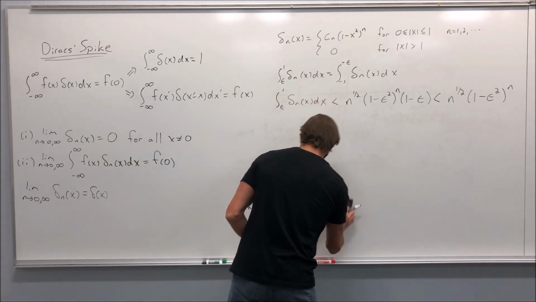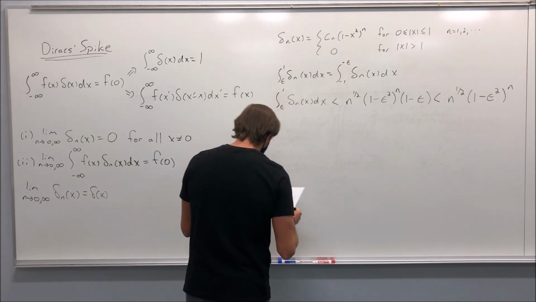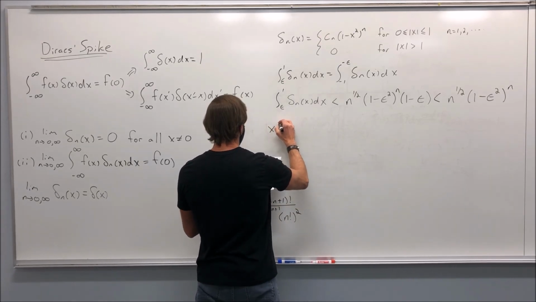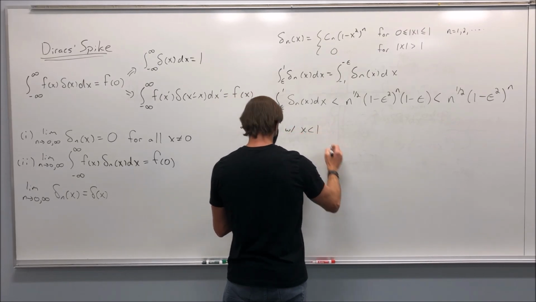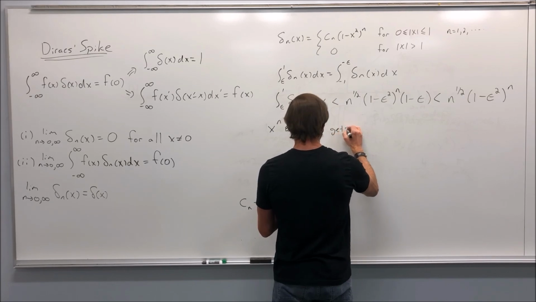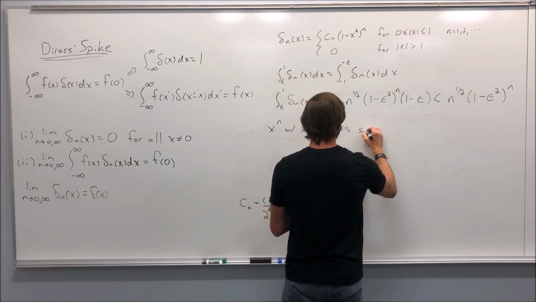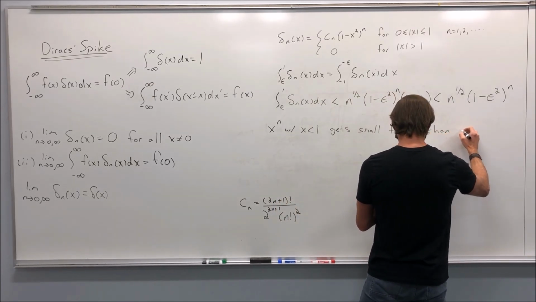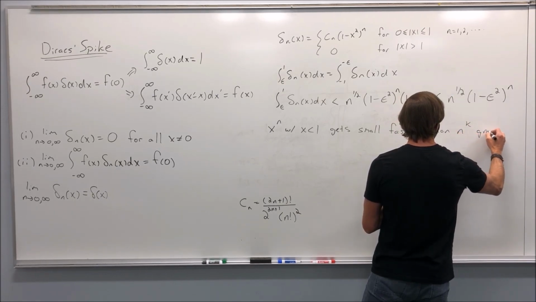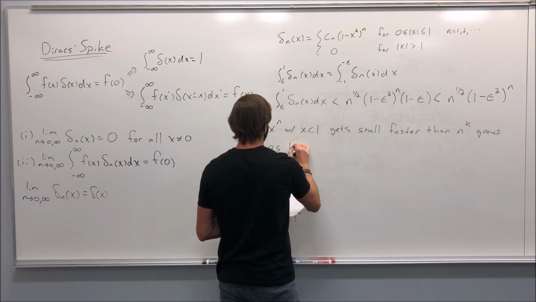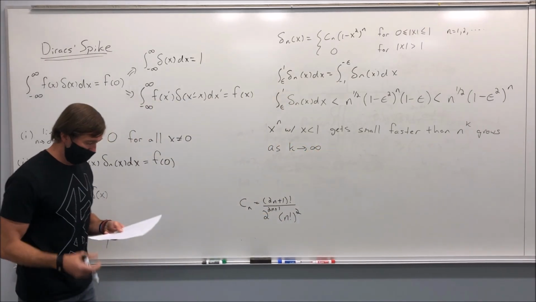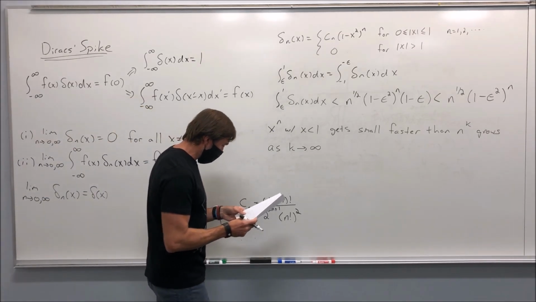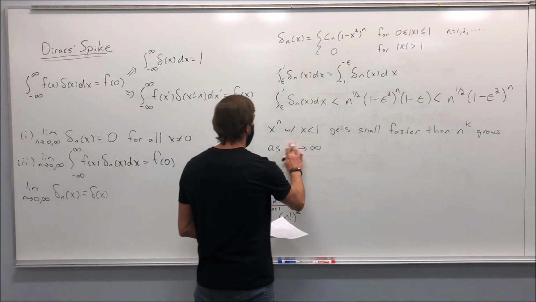All right. Now, here we go. Now, it turns out that x to the n, with x less than 1, gets smaller faster than n to the k grows, as n goes to infinity.